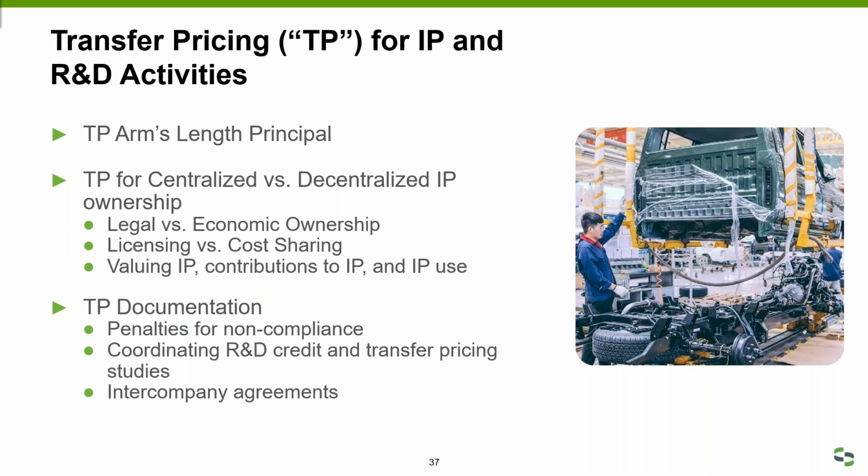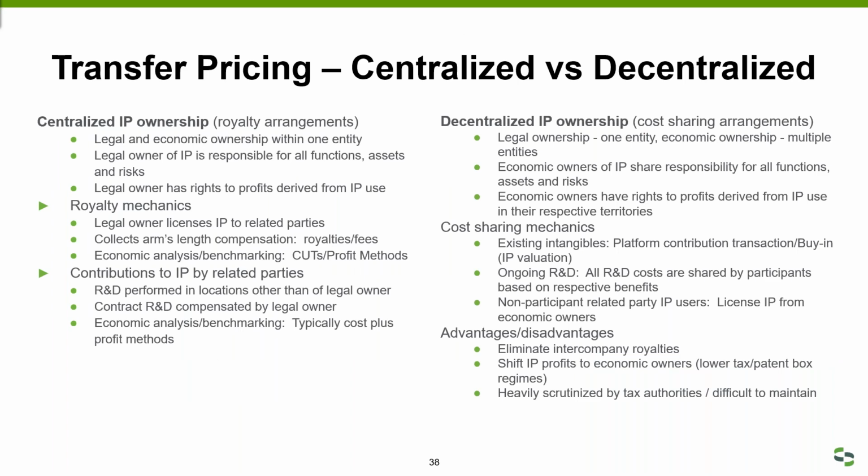Next slide is what I mentioned to you briefly, centralized versus decentralized IP ownership. Just briefly, because we're running a little bit out of time and I wanted to leave a little time for both Ron and Sarah. Centralized IP ownership really creates a situation where you're almost always going to have some type of licensing or royalty arrangement because it's centrally owned in one jurisdiction.